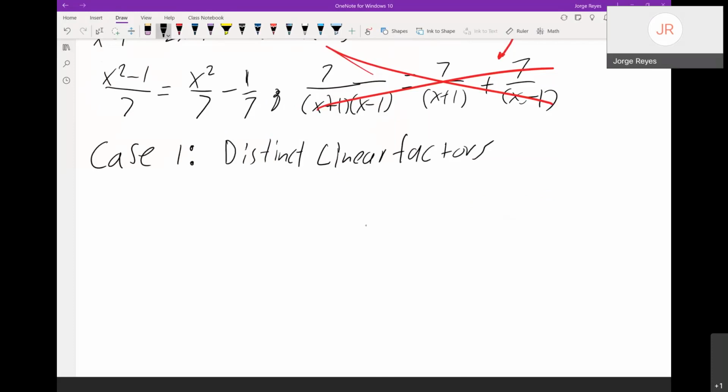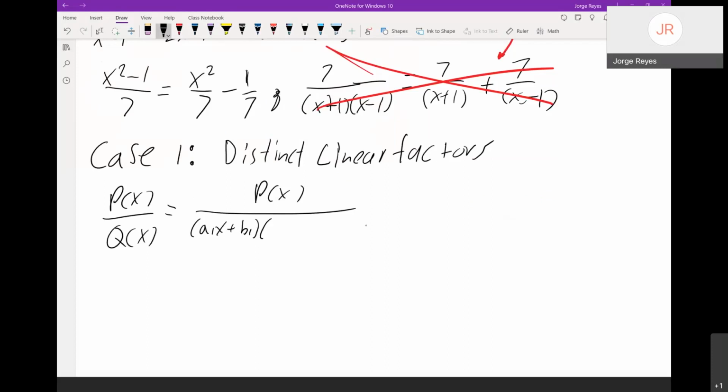So this means that when you have a rational function, p of x over q of x, it's equal to some stuff. Very specifically, q of x is going to factor into something. We don't really know what. It's our job to factor it, but that's not the problem.